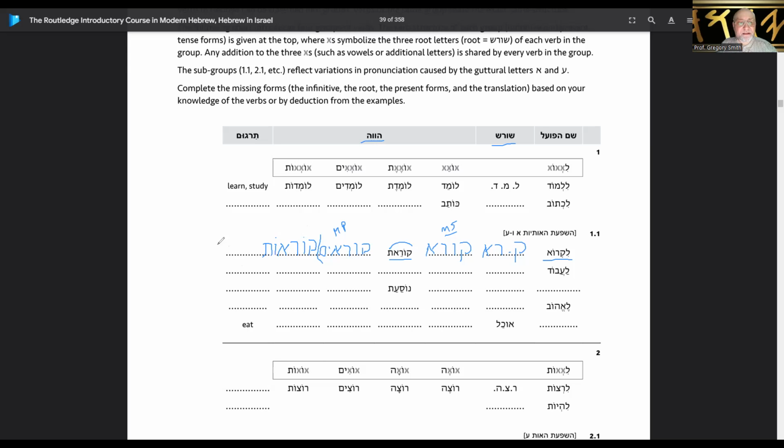And then the tirgum translation would be reading. Okay, so that's essentially what they want us to do here. Let's double check that.